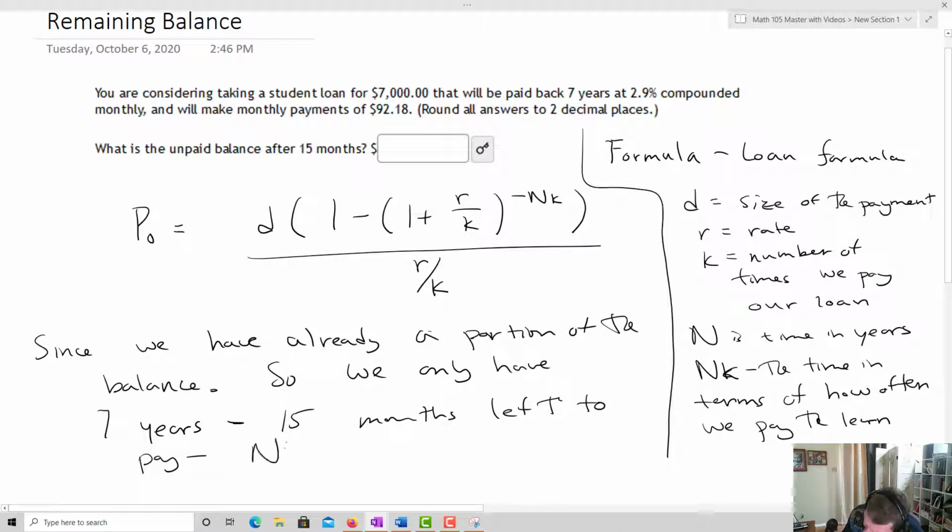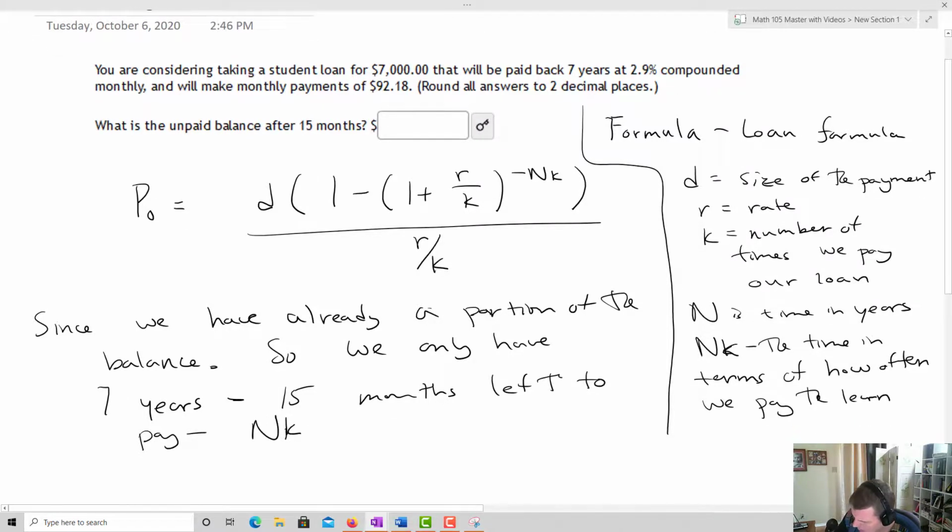That's going to be NK. NK is the amount of time that we have left to pay. So I'm going to transform 7 into months: 7 times 12, and then subtract 15. So it's 84 minus 15, which equals 69.